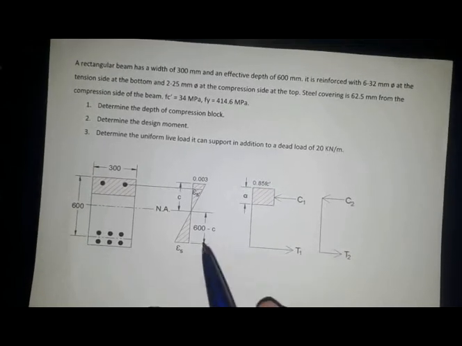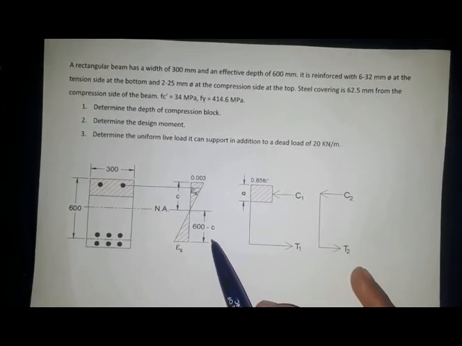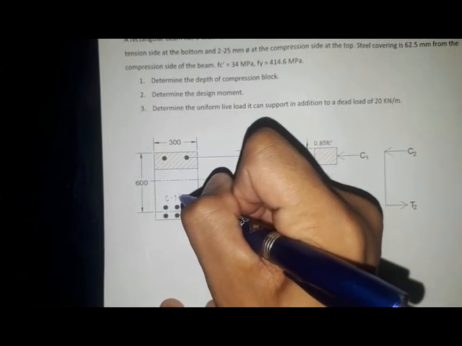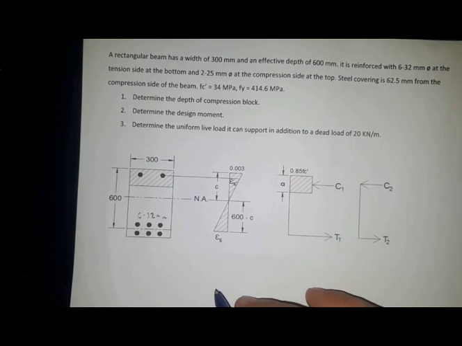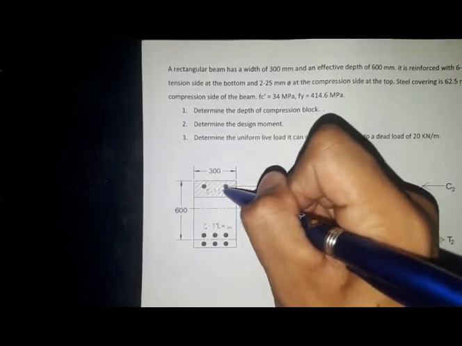It is reinforced with six 32 mm diameter bars at the tension side at the bottom, so these are the 32 mm bars for the tension side, and two 25 mm bars at the compression side at the top.